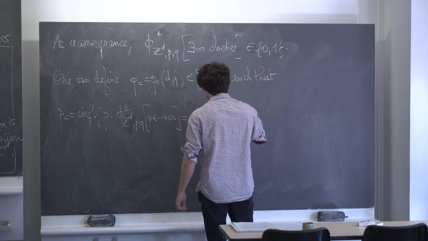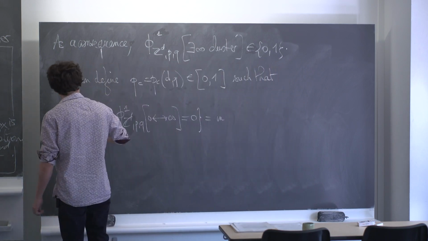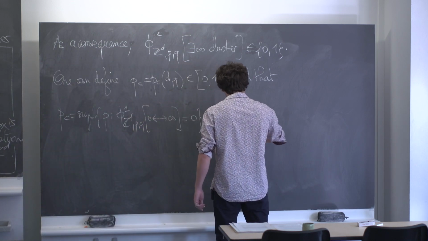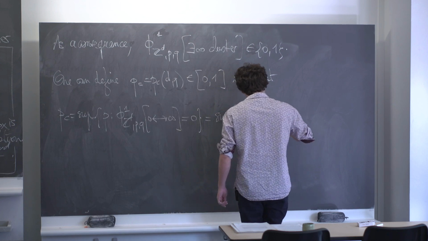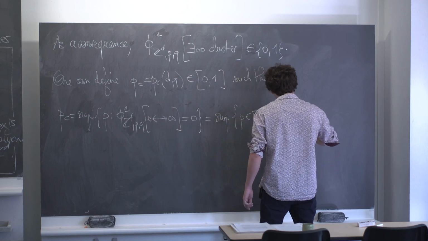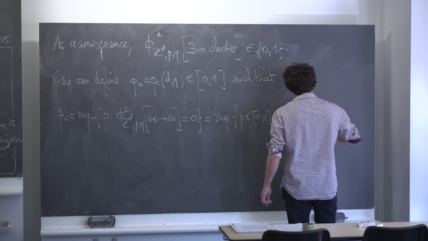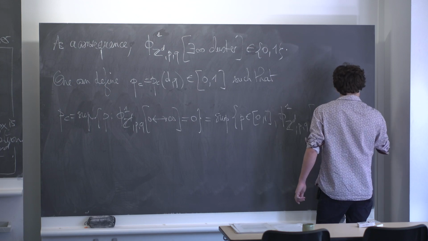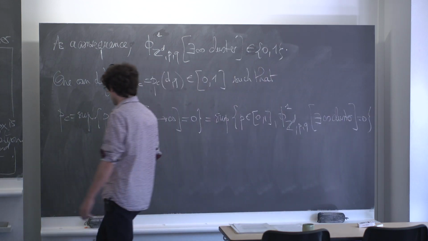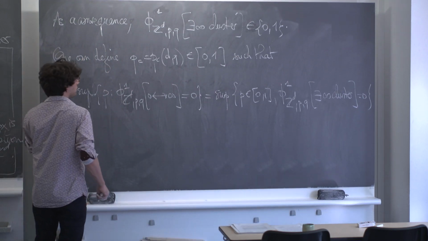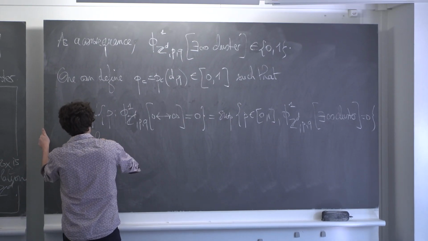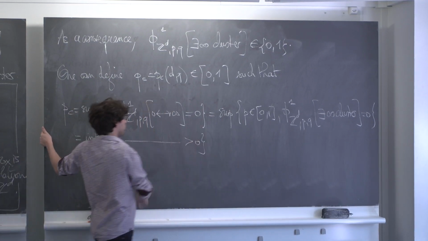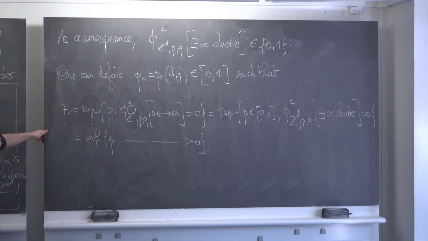So this is also the infimum, sorry, it's the supremum of the p such that phi^1_{Z^d,p,q} of there exists an infinite cluster is 0. This is by invariance under translation. And by monotonicity, it's also the infimum of the p such that this quantity is strictly positive.